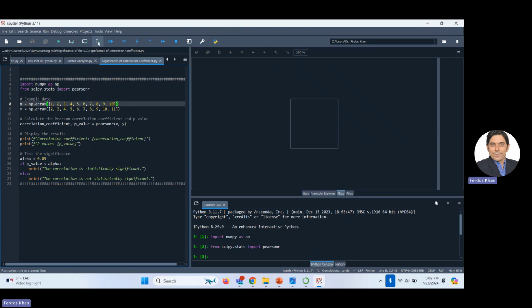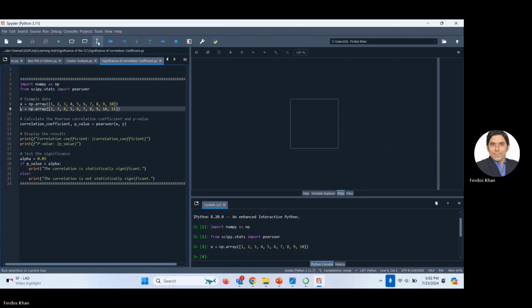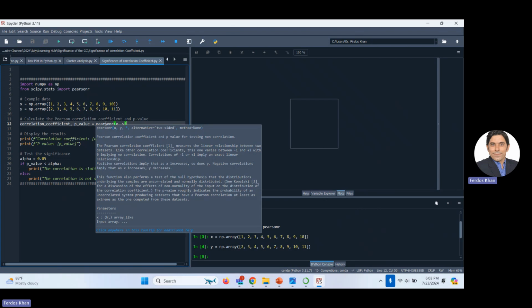Suppose x and y, so this is data x, data y. We calculate the Pearson correlation coefficient and p-value. We use this Pearson command for x and y, and this will store the correlation coefficient, and the p-value will store the p-value from this function.